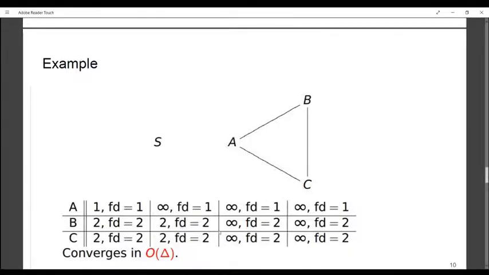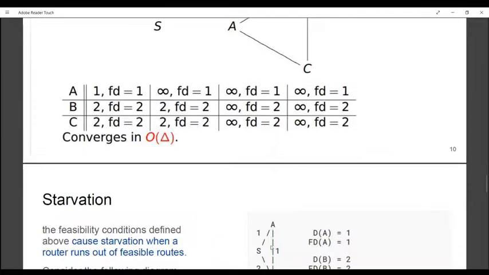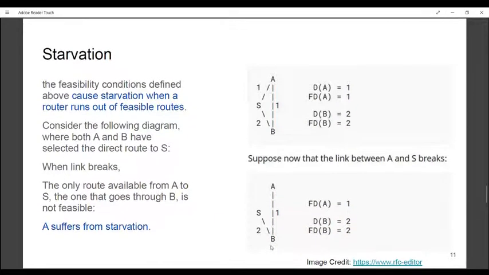Similarly, other iterations will happen, and B and C will update their metrics to infinity because there is a change in the metric of A, and A is the next hop router for both B and C. So there will be an update in each iteration, and the metric will become infinity for all these three nodes. Okay, so everything seems good, but there is a problem in the feasibility condition. It leads to starvation. So we will see how it happens.